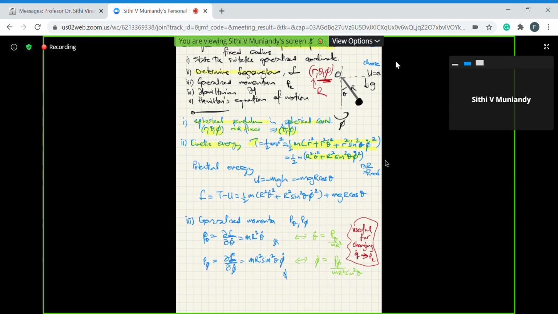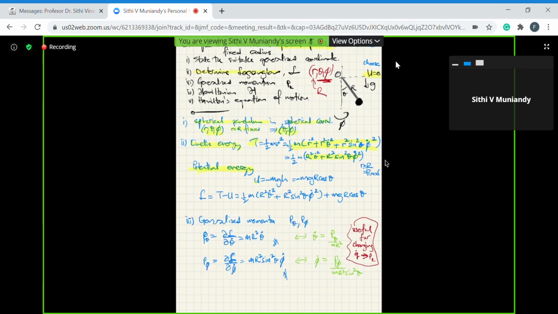Then the potential energy: it is rotating in a gravitational field, assuming so. You can ignore that, then you won't have the gravitational potential. In this case it didn't say explicitly, but the diagram shows there is a g. You can set the reference point arbitrarily anywhere you want, so we set the midpoint to be 0.